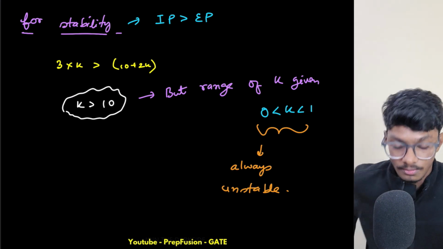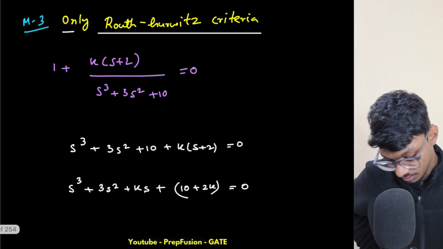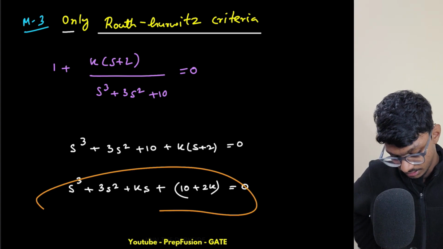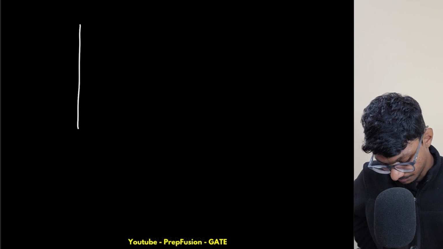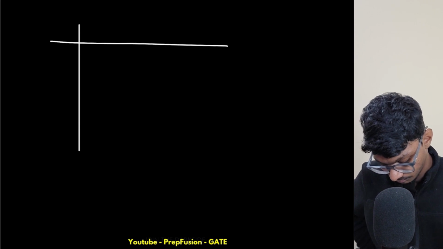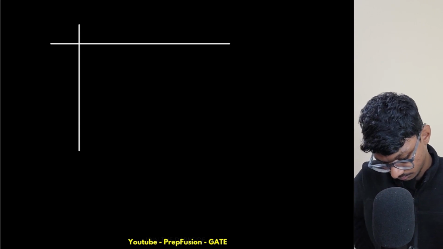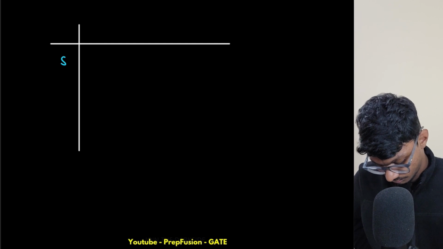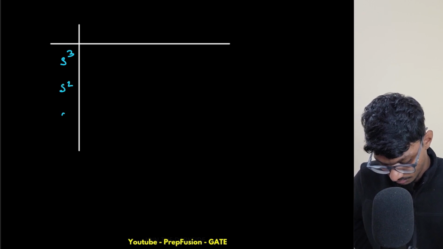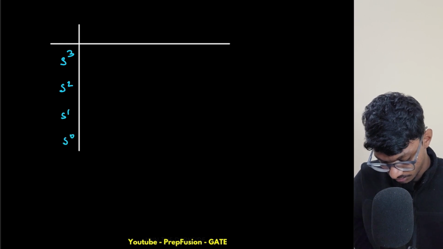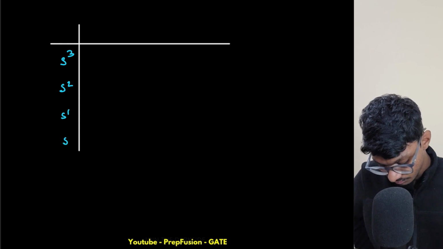So now you just write this in the Routh table. So let me make the Routh table: s cube, s square, s to the power 1, s to the power 0.